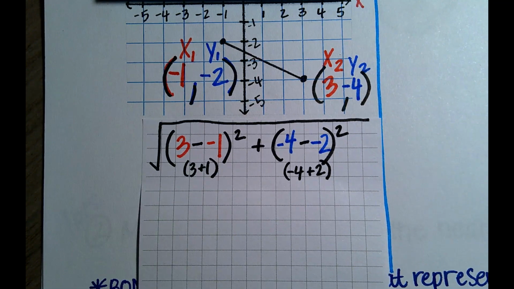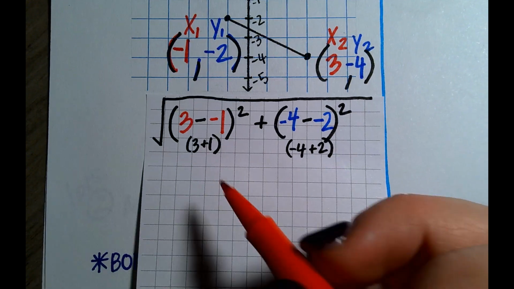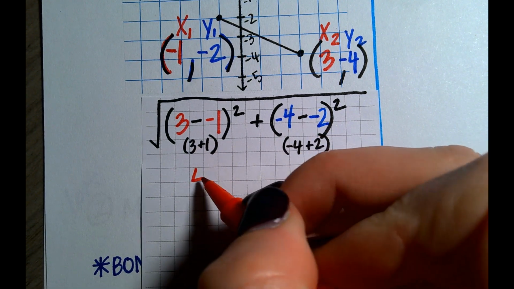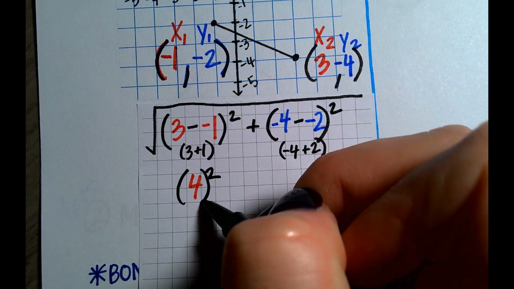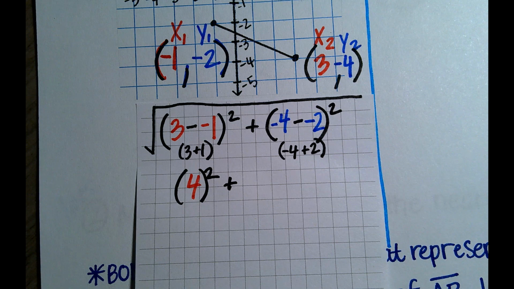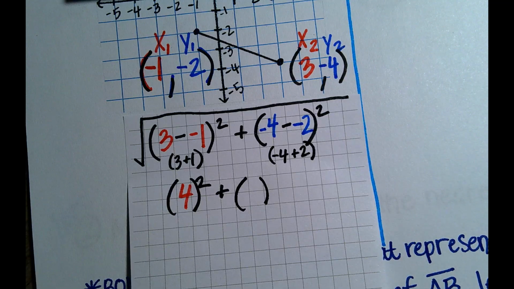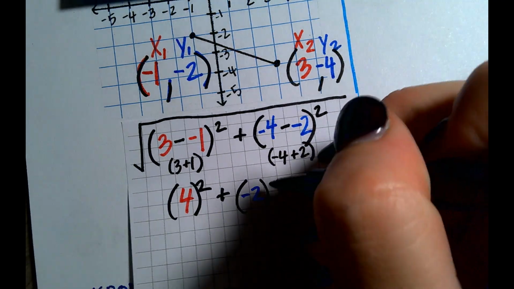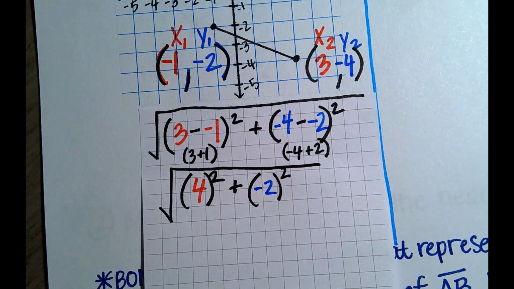Now we're just going to continue simplifying everything. 3 plus 1 is 4 squared plus negative 4 plus 2. What's that? Negative 2. Good. Negative 2 squared. And we still have to do the square root at the end.